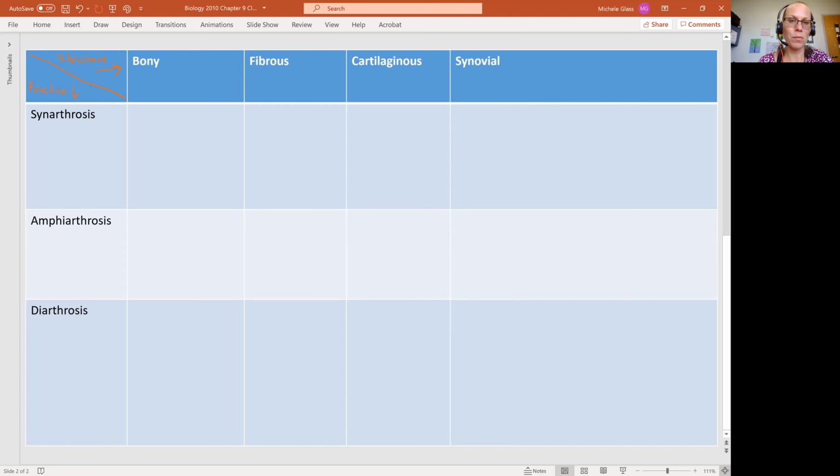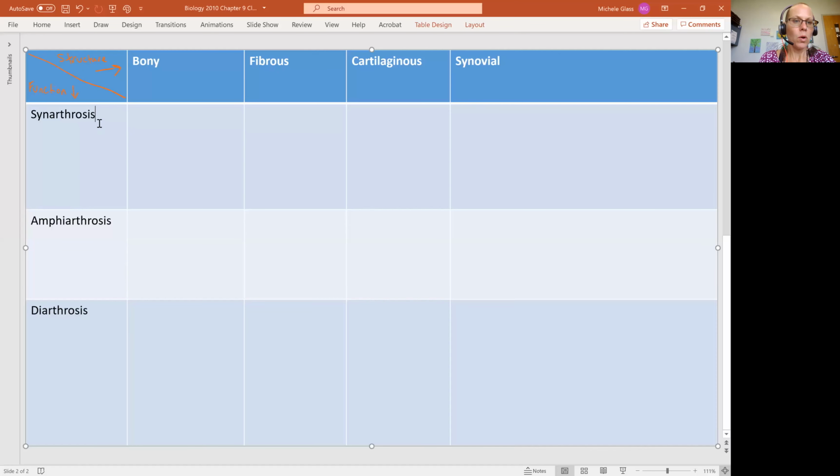Arthro means joint. When we're talking about our functional categories, synarthrosis means basically no movement. Amphiarthrosis means slight movement.